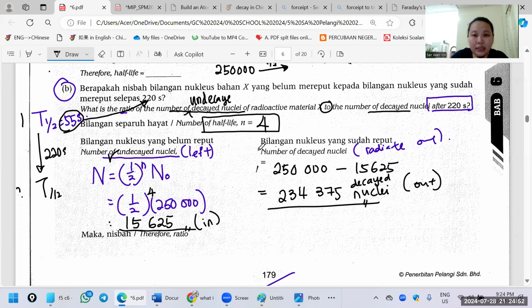So undecayed to decayed would be 15625 to 234375. So 15625 divided by 234375. So 1 to 15.